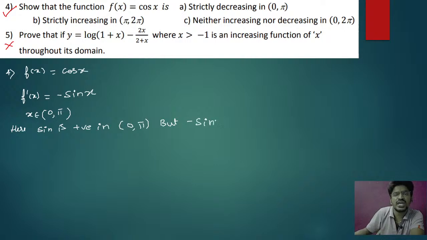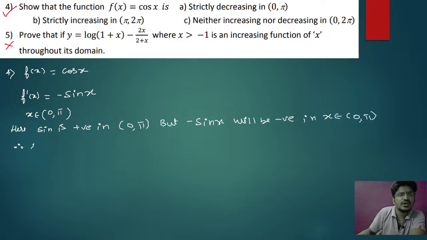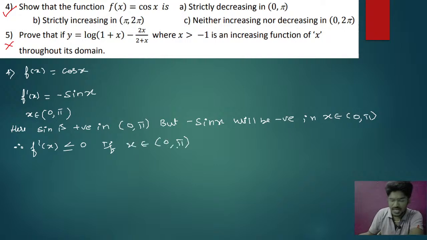Minus of sin x will be negative in x belongs to 0 comma pi. So therefore you can say that f dash of x is less than or equal to 0 if x belongs to 0 comma pi. You can write like this. Hence it is decreasing. Hence it is strictly decreasing.